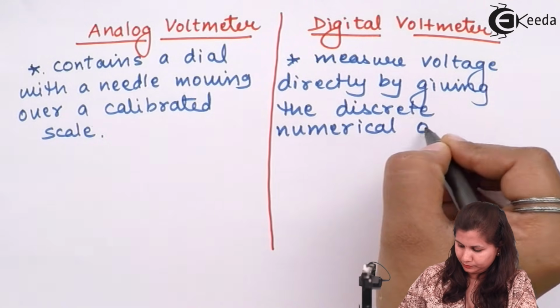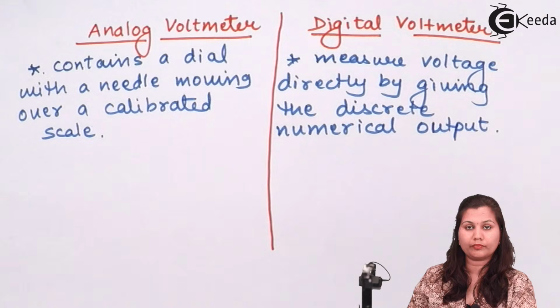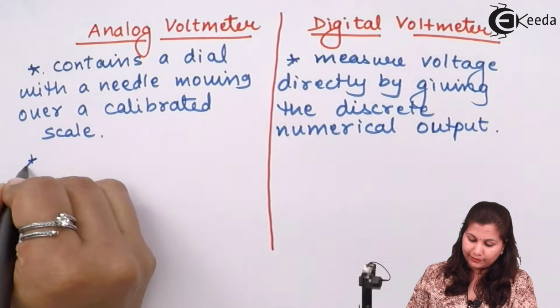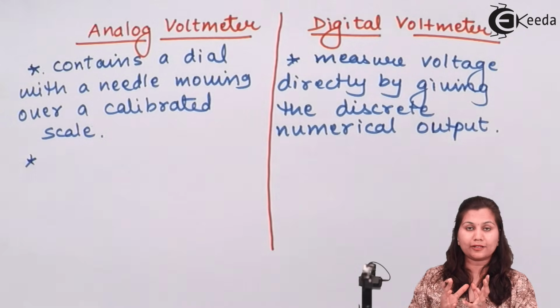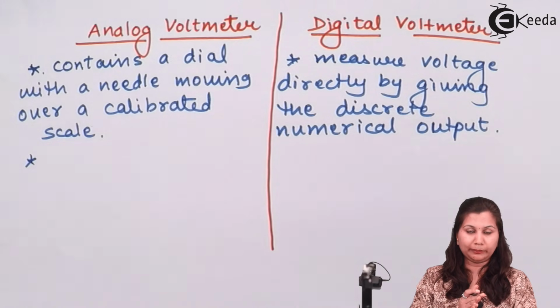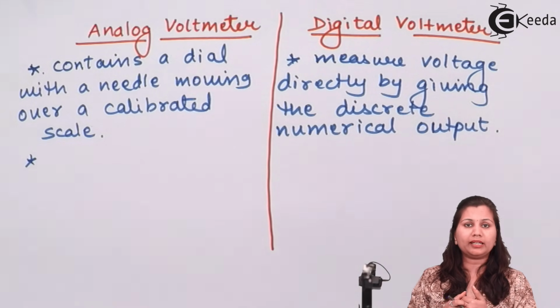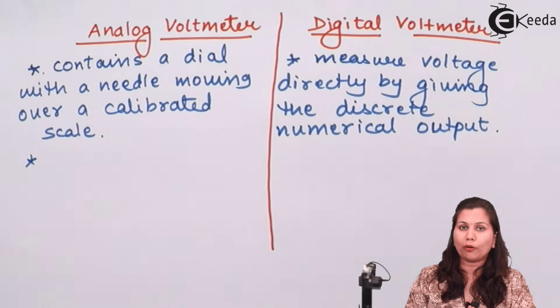Now in the analog voltmeter, the observer has to read the readings. The observer has to take where the needle is pointing over the calibrated scale. So there may be errors which can occur due to wrong observation by the observer.